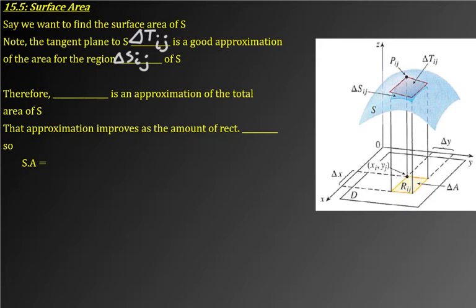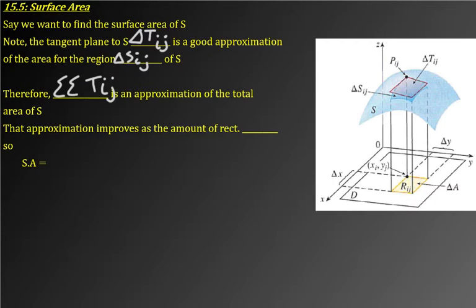And so if you do a double sum over all of the T sub ij's, that would be a good approximation for the total surface area. Basically we're going to have another red square here and another red square here, and we just cover the surface S with a bunch of these tangent planes. I'll get rid of that because I don't want to make it too crowded.